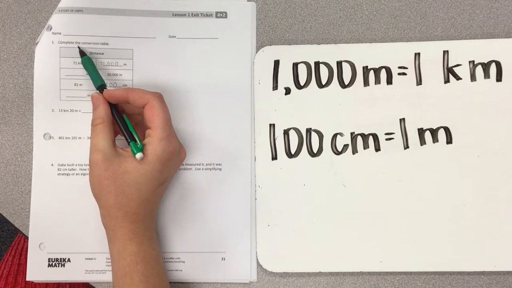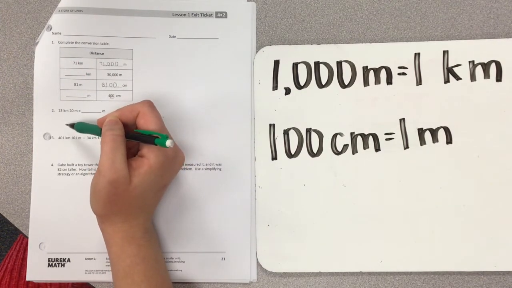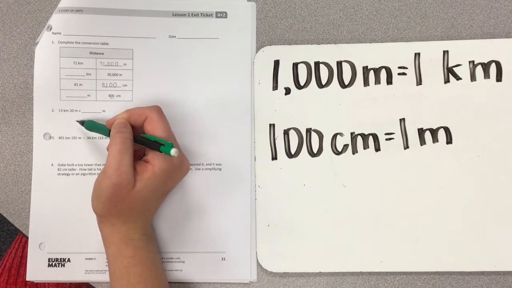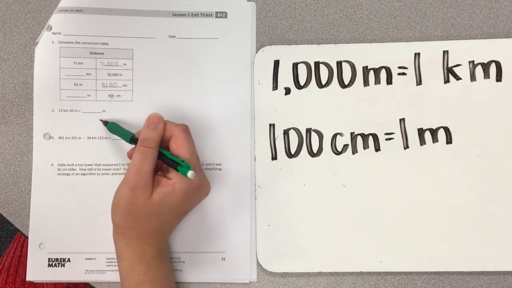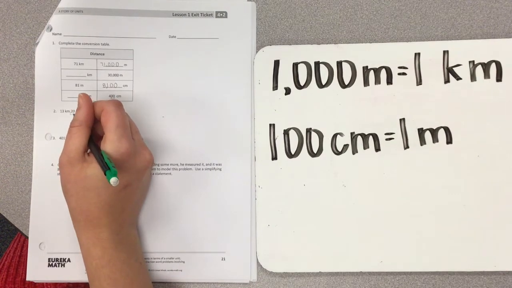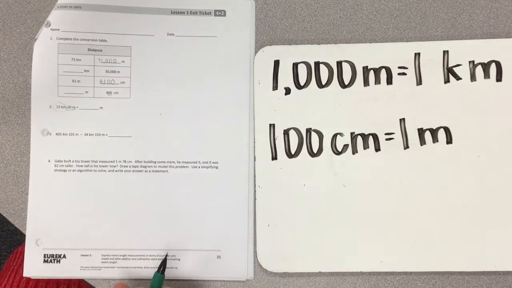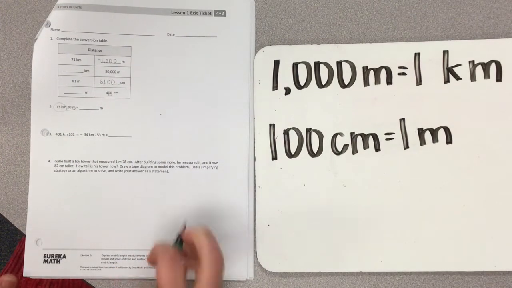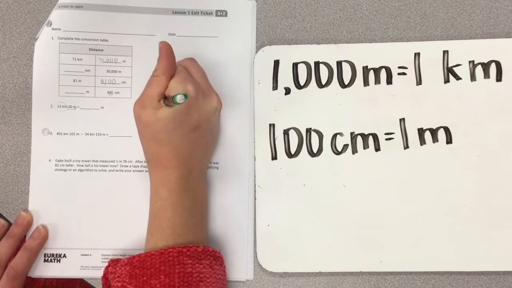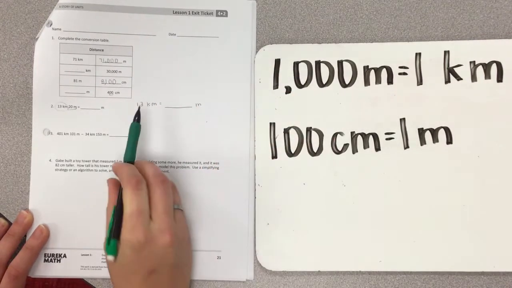After you've completed the table in problem 1, we're going to look at problem number 2, where we have some mixed units. We have some kilometers and we have some meters. And what they want us to do is convert it into only meters. Now, these 20 meters are already meters. So the number that we're really targeting is the 13 kilometers. We need to change 13 kilometers into how many meters?